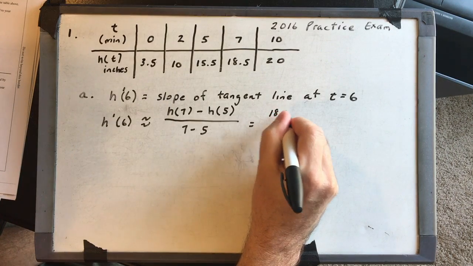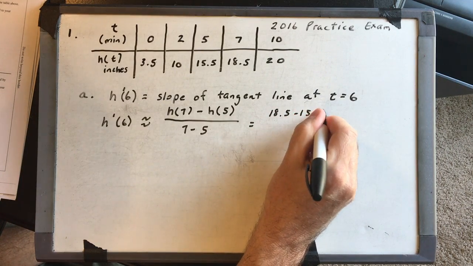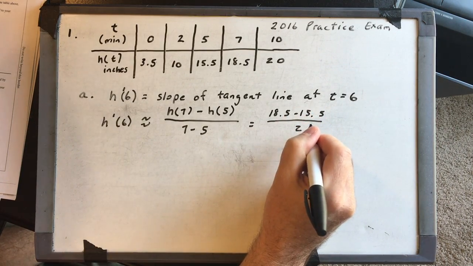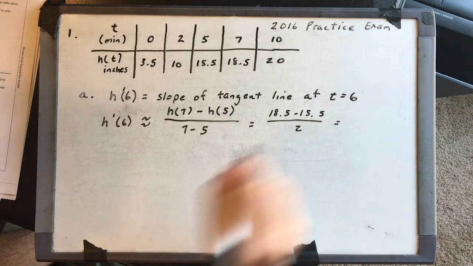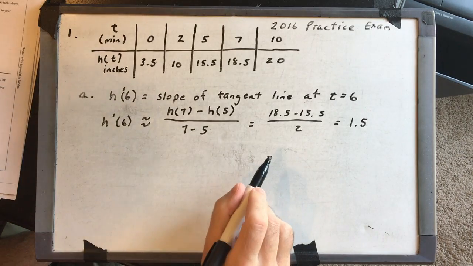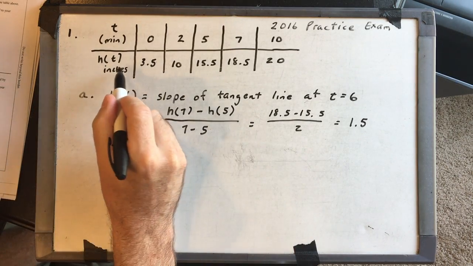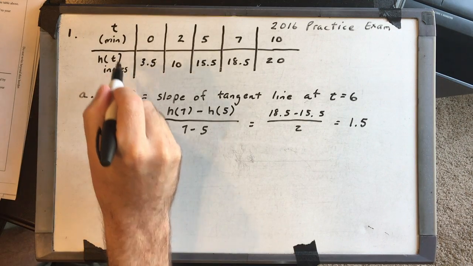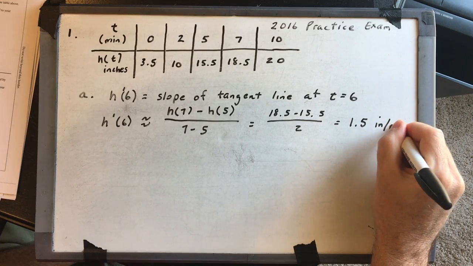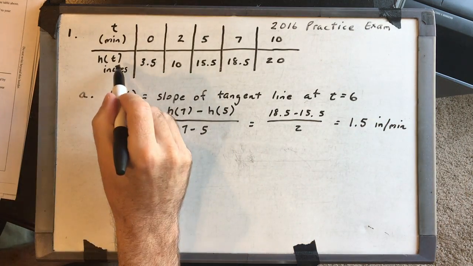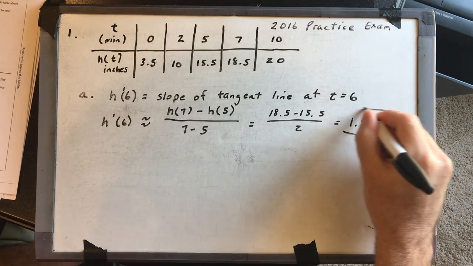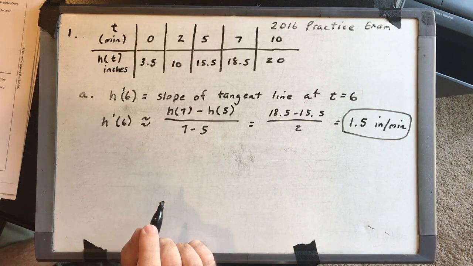So that's 18.5 minus 15.5 over 2, which is going to be 3/2 or 1.5. What's the units? The units are going to be important on the 2020 test. It's right up here in the table. Inches per minute. The unit for h of t divided by the unit of t. All right, that part's not so bad.